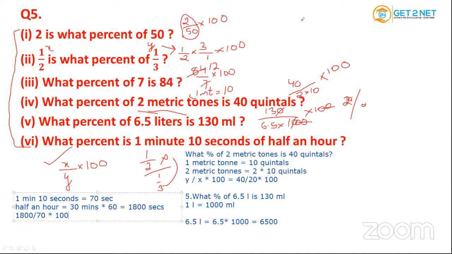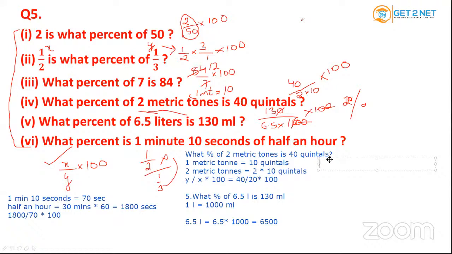Okay. Just do it on an hour or minute basis. Let us go that way if it is so confusing for you, because I didn't get a response. 1 minute 10 seconds. How can I write it as a mixed fraction?